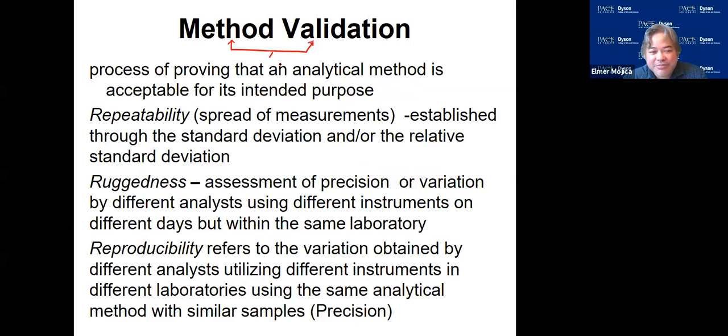How is it done? If I'm aware that the method is already validated, what I want to do now is ask another student to use the same method as used by the previous student. If the results that they have are the same, then I would say it's valid.